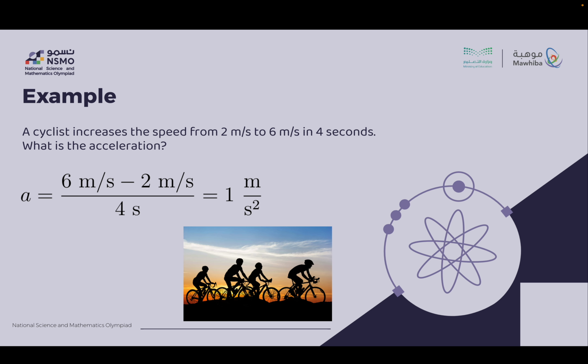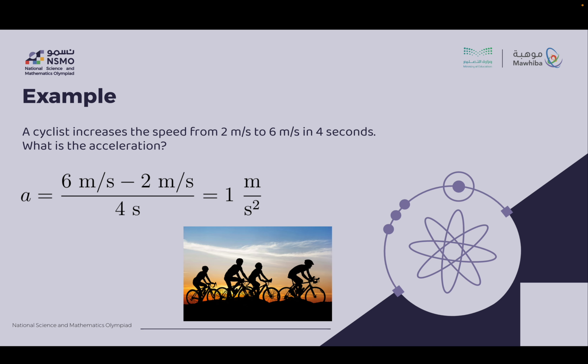Now, let's see how we use the formula for acceleration in a concrete example. A cyclist increases the speed from 2 meters per second to 6 meters per second in 4 seconds. What is the acceleration? So the formula was that the acceleration is the change in velocity over the time elapsed.